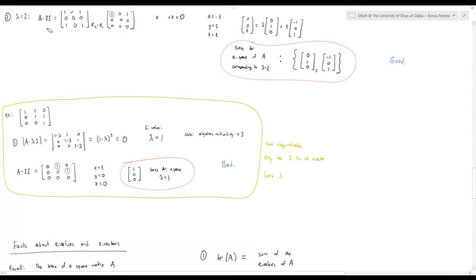So when we did A minus lambda I, that subtracts lambda from the diagonal entries. This is a triangular matrix, so its determinant is just the product of its diagonal entries. That's how we got this straight away, and that's how we got just lambda equals 1 as the only eigenvalue.